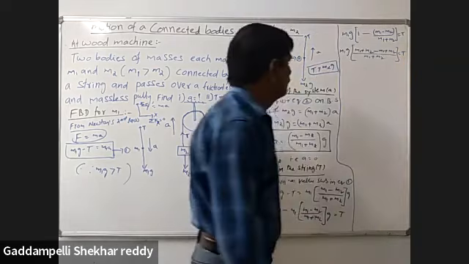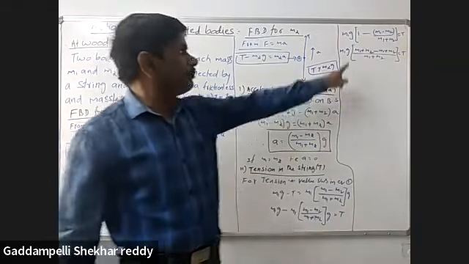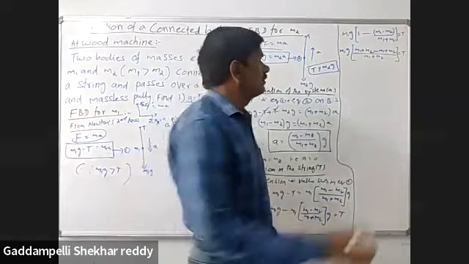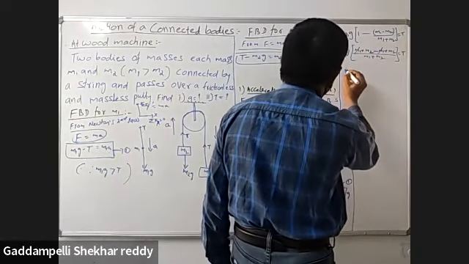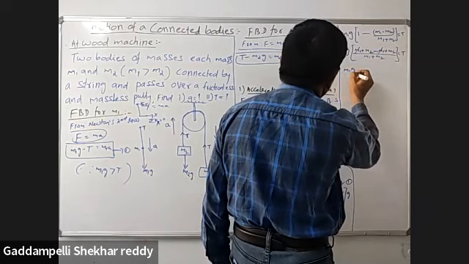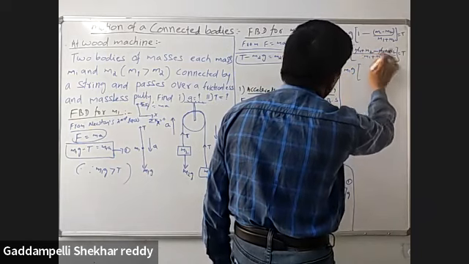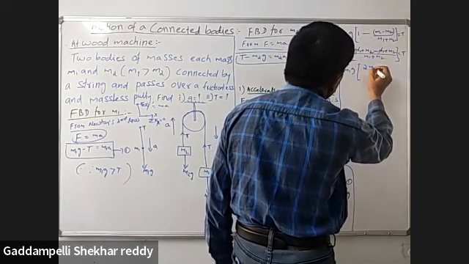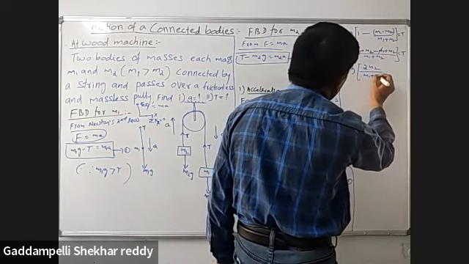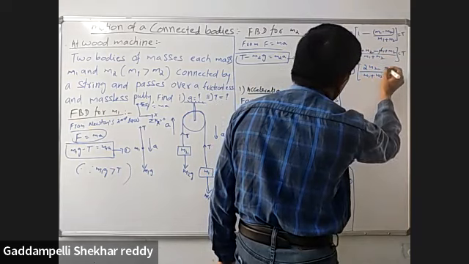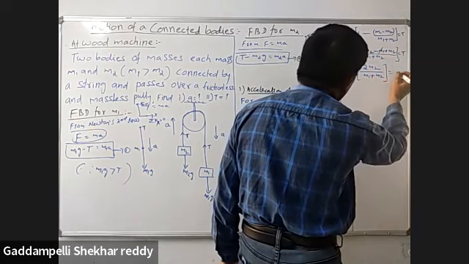Here plus m1 minus m1 gets cancelled, leaving m1g into 2m2 by (m1 plus m2) is equal to T.